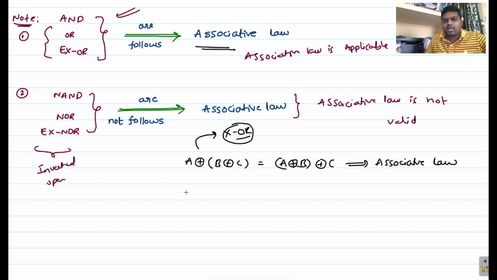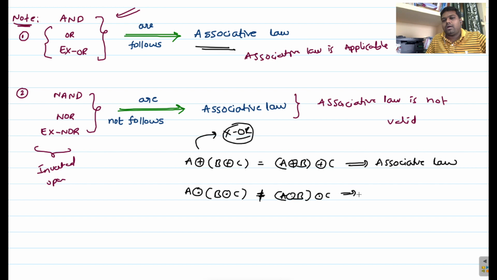In case you take the XNOR operation, (A XNOR B) XNOR C equals A XNOR (B XNOR C), this is not possible. Why? Because here we are taking the XNOR operation, and for this XNOR gate the associative law is not applicable, so these two expressions are not equal.